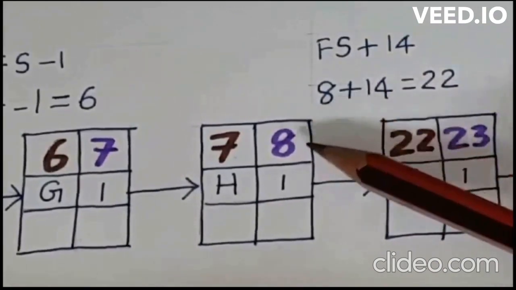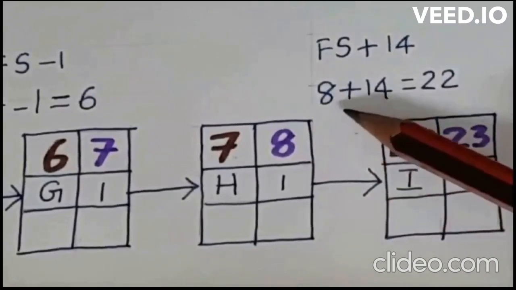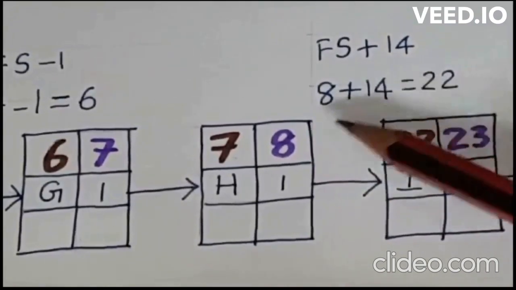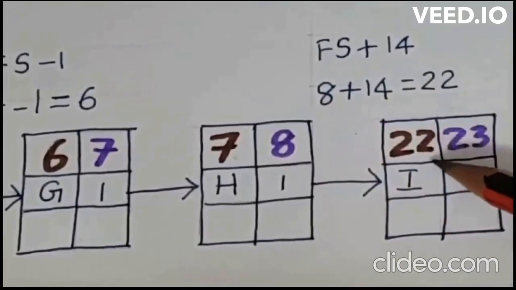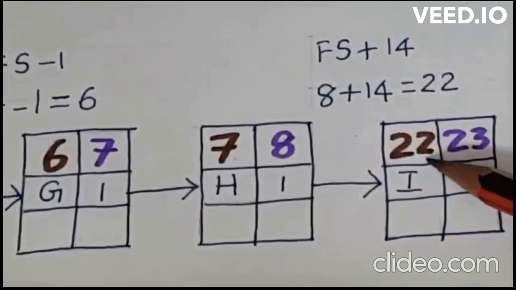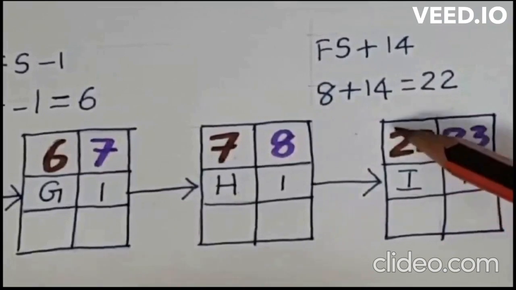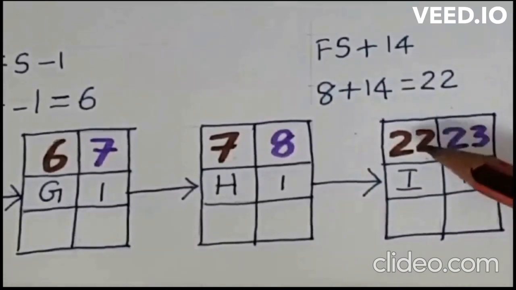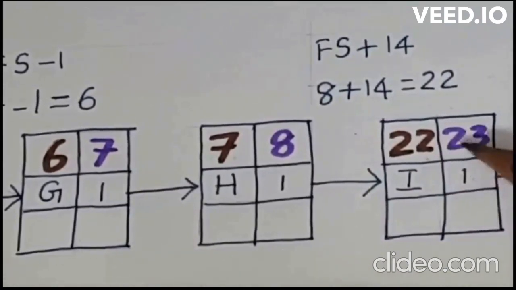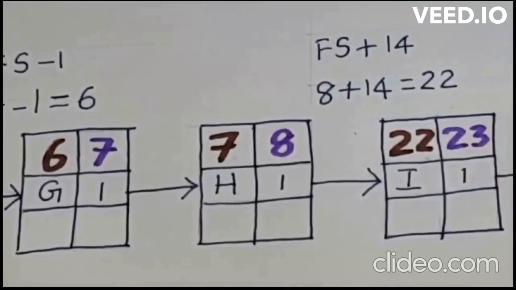So you add 14 days to 8. 8 plus 14 is equal to 22. So 22 will be the earliest start time of activity I, and you can enter it here. When you want to find the earliest finish time, it will be earliest start time plus duration. So 22 plus 1, 23 will be the earliest finish time of activity I, that you can enter here. Okay, I'll stop here.